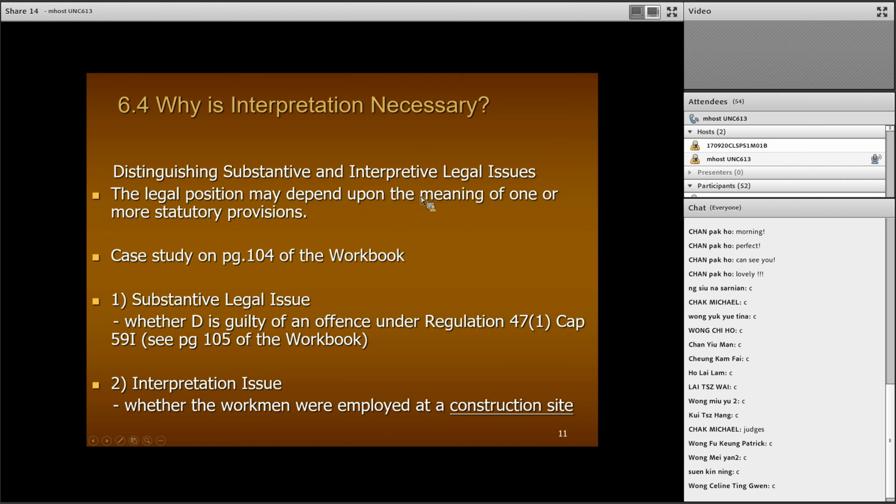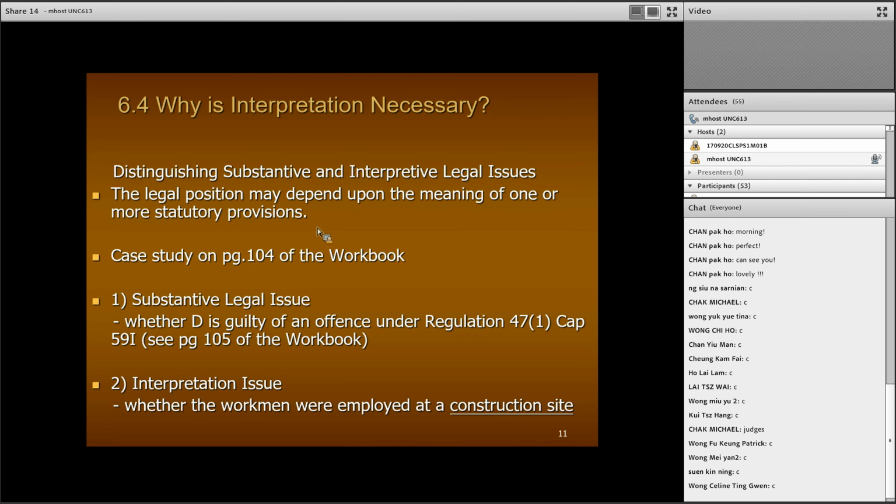But some issues are relating to interpretation. So it's called an interpretive legal issue. It means that the legal issue is in relation to interpretation of legislation. The legal position may depend on the meaning of one or more statutory provisions. For example, if I say that if you carry on the business of lending money, you need a license.